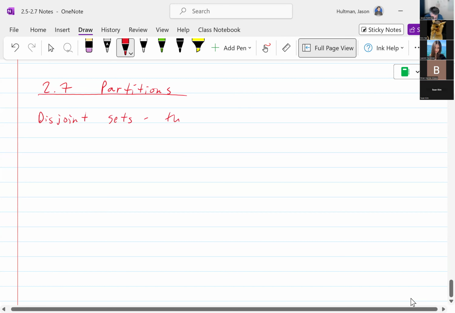Two sets whose intersection is empty is said to be disjoint. A intersect B is the null set. Those are disjoint sets.